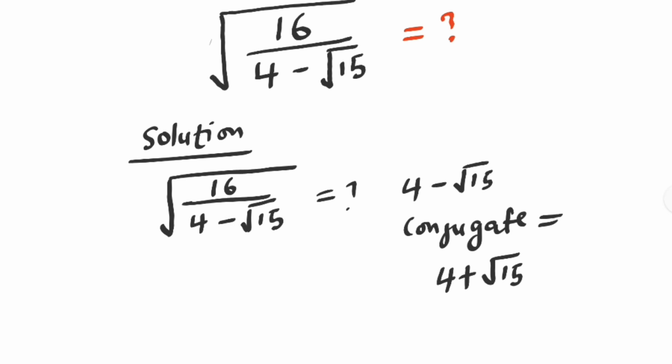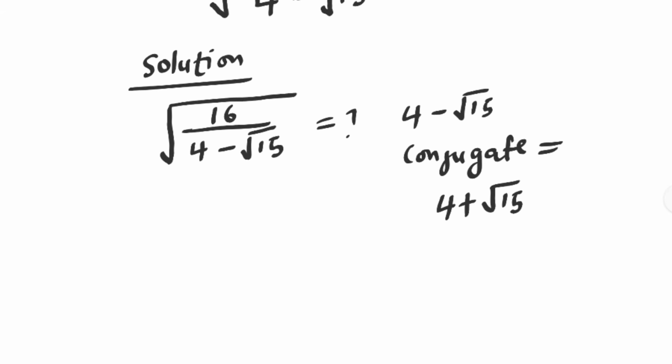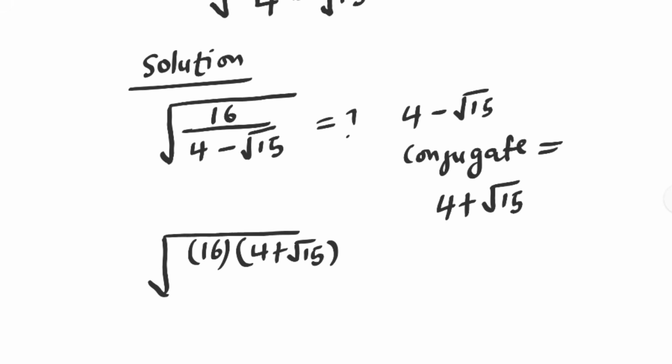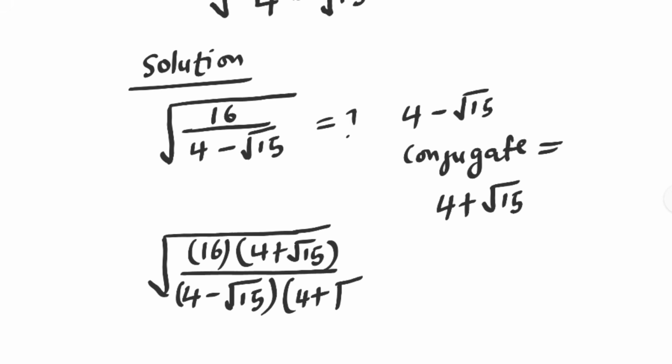That is, we have square root of 16 multiplied by the conjugate of the denominator, 4 plus square root of 15, over 4 minus square root of 15 multiplied by 4 plus square root of 15.